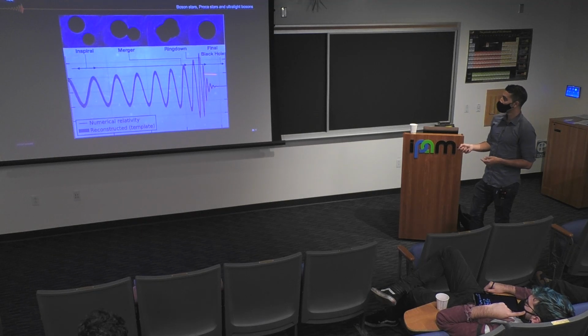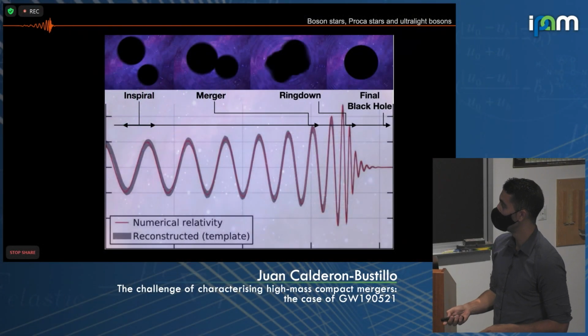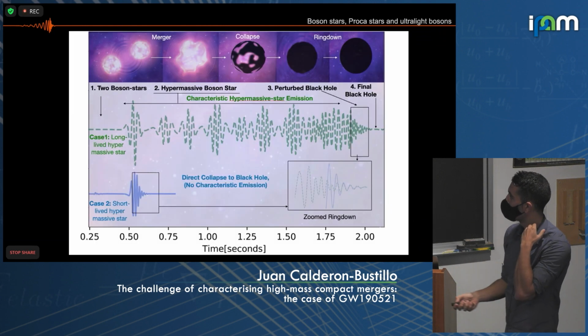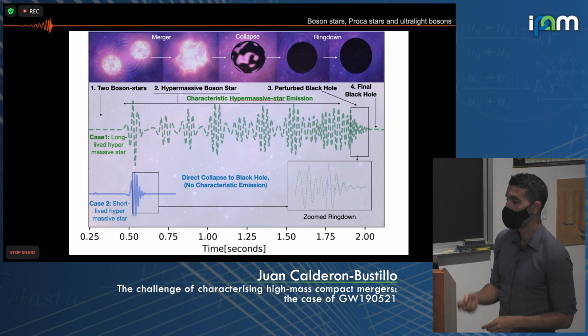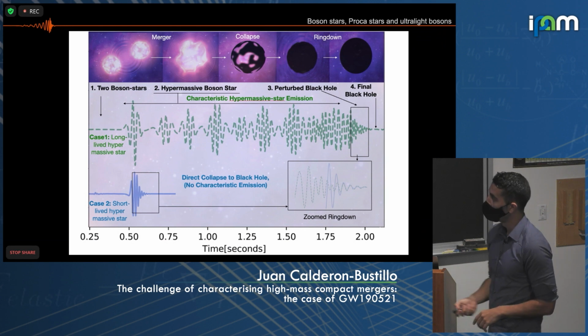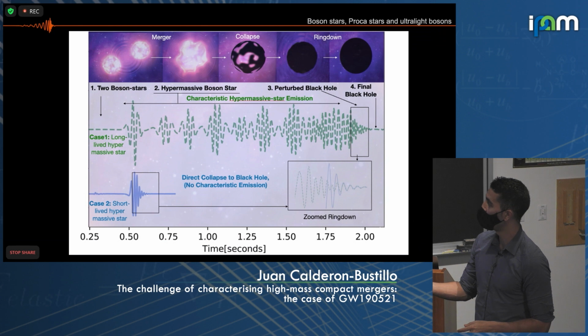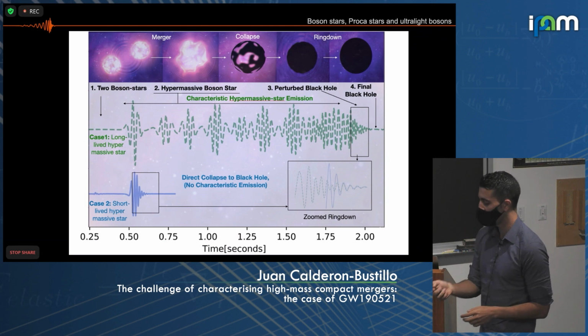A black hole merger looks like this. You have an inspiral, merger, ring down and a final black hole. This is not new to anyone. But in the case of a boson star merger, you have an extra phase in which you form a hypermassive boson star. Depending on the compactness of the star, this may collapse to a black hole or not. And for those that collapse, the less compact it is, or in other words, the higher spin it has, the longer it will live.